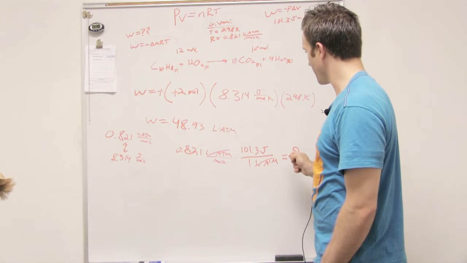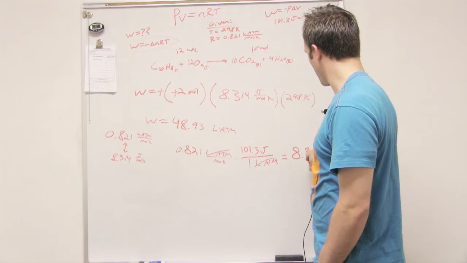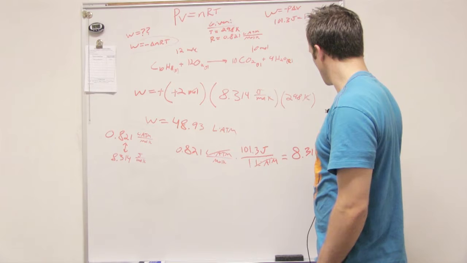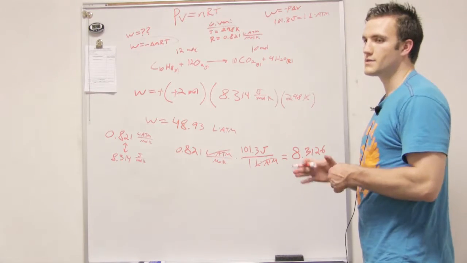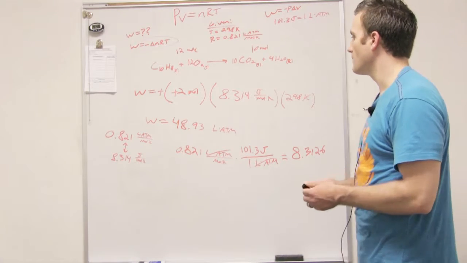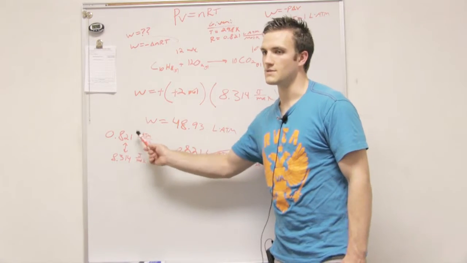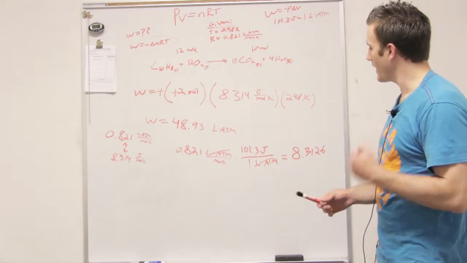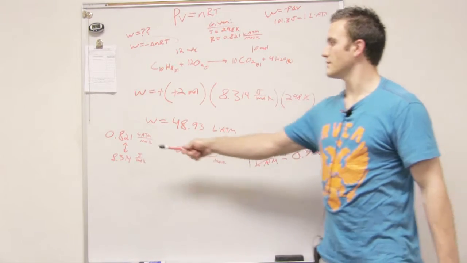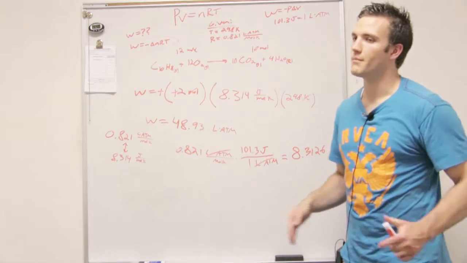It gave me 8.3126. I think, you know, this is rounded, right? This has more sig figs than what we really show. So if it would have been the full number, they're the same number, just expressed in different units.